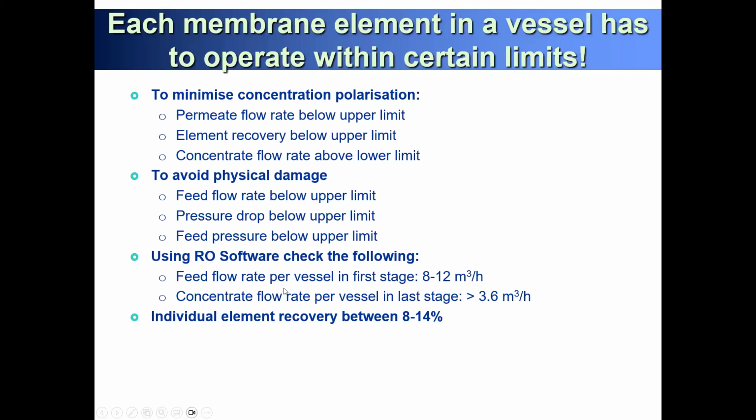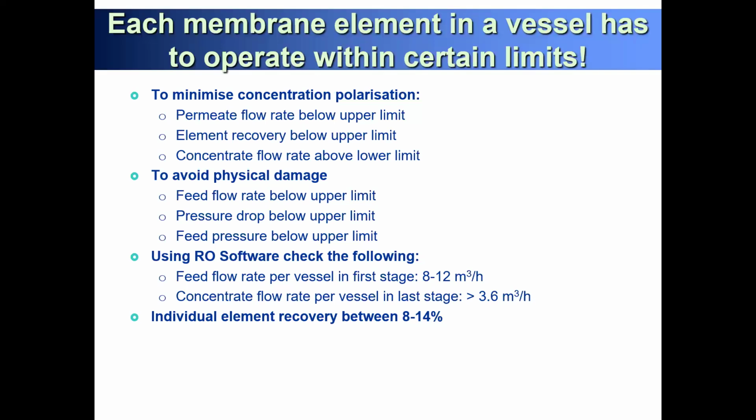So this is the suggested feed flow rate, and also concentrate flow rate. You have a feed, then you recover water, and then your concentrate flow rate decreases. So at the later stage of the element, your flow rate in the last stage should be more than 3.6 cubic meters per hour.